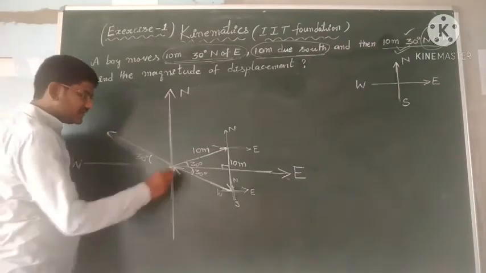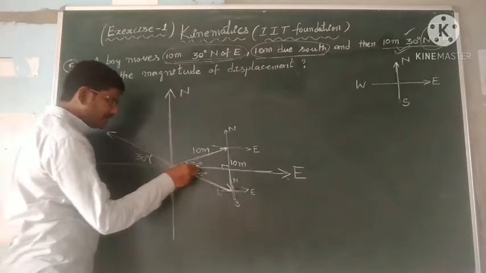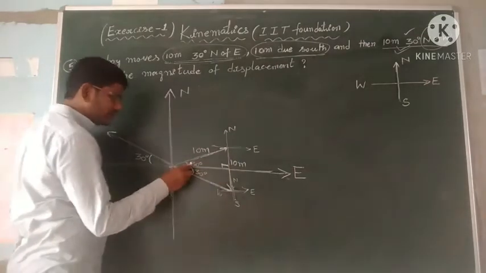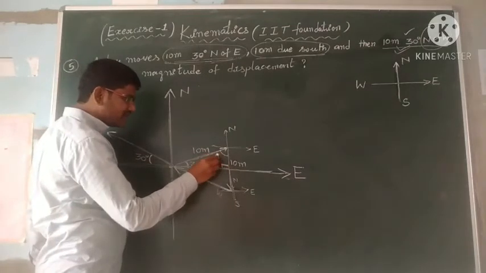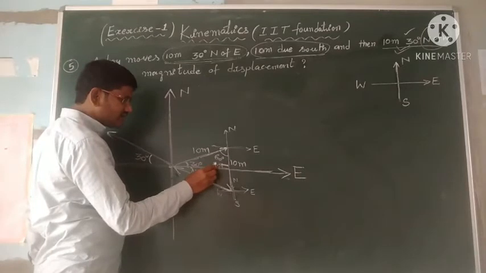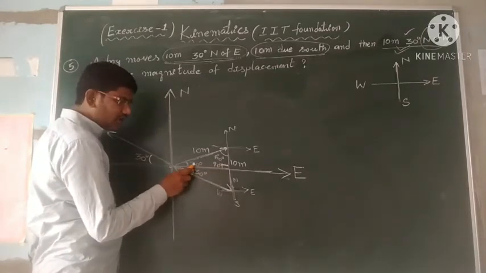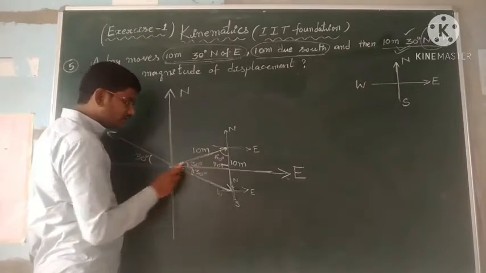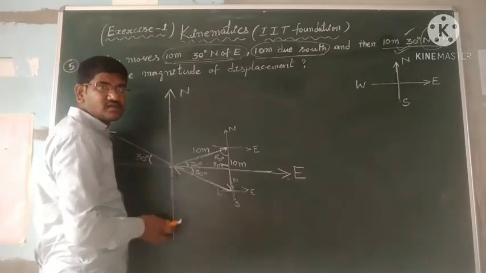Okay students, if I consider this triangle, in this triangle we have here 30 degrees, we have here 90 degrees, then this will become 60 degrees. So this is 90 plus 30, 120, 120 plus 60, 180, so it will become a triangle, 180 degrees. Sum of interior angles of a triangle is 180.